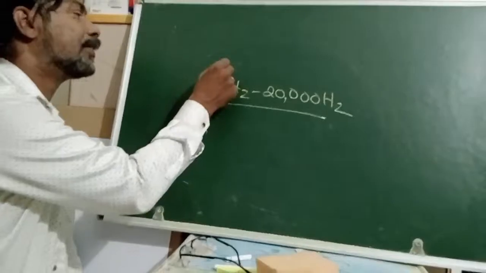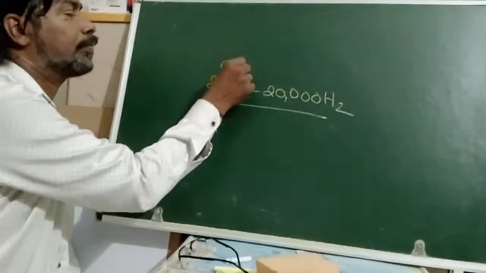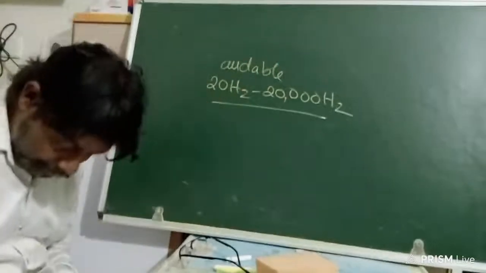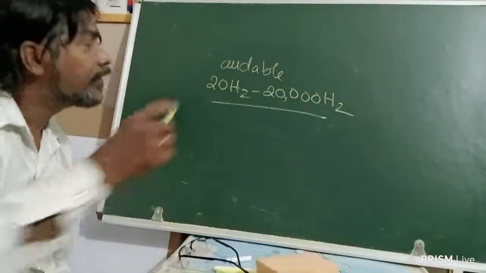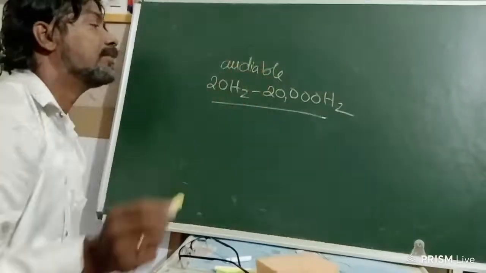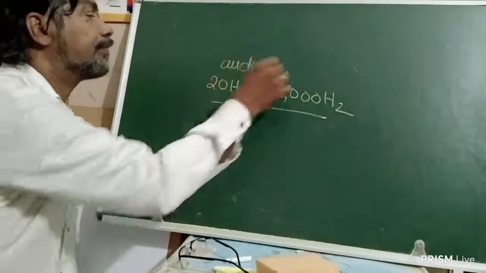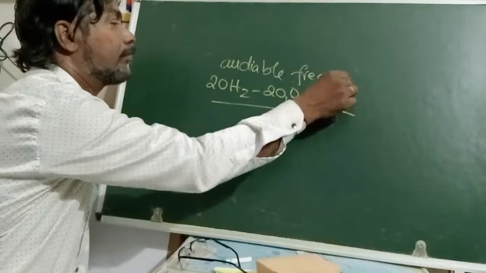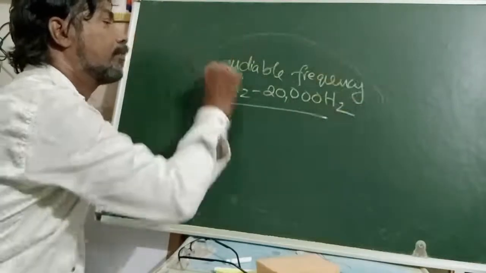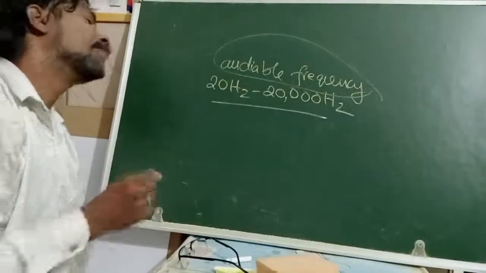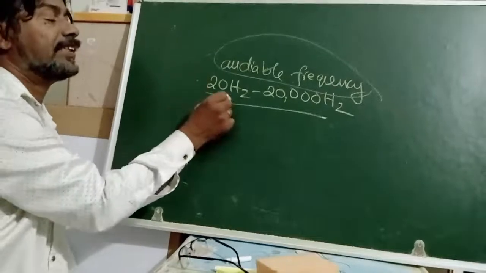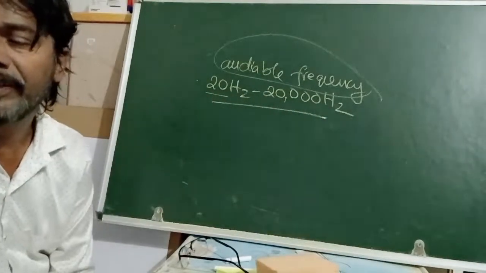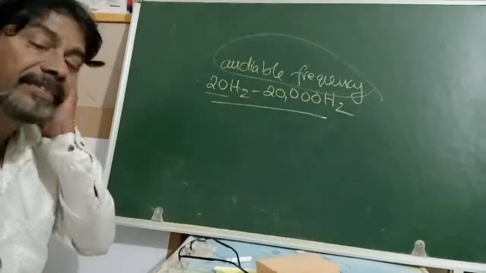So this is called the audible frequency. That means less than 20 hertz or more than 20,000 hertz cannot be heard by our ear normally.